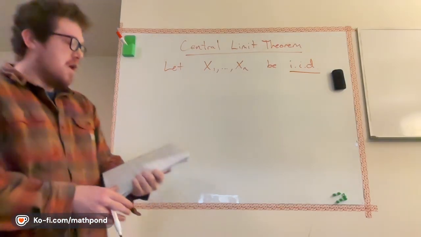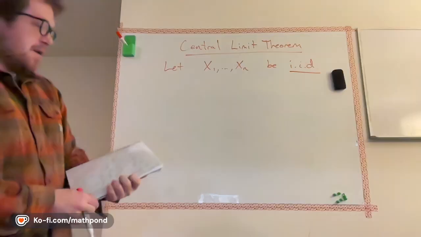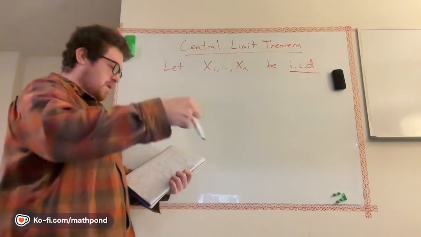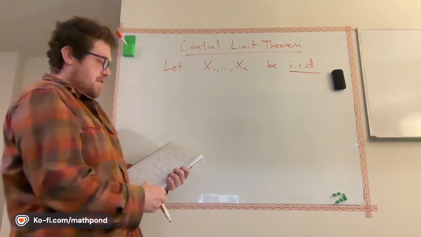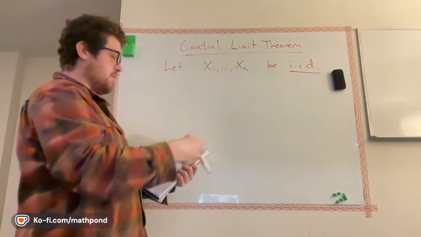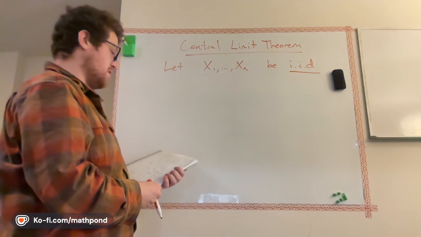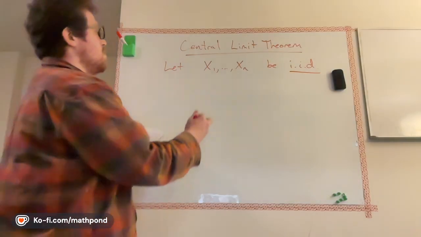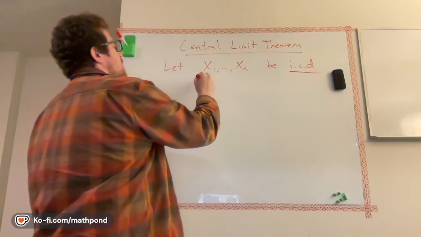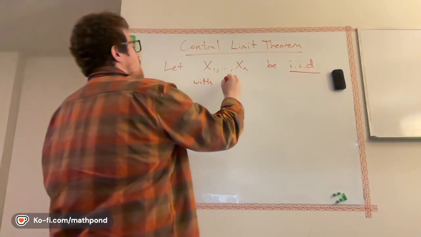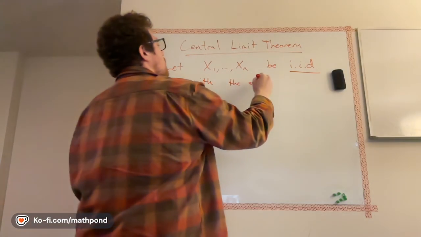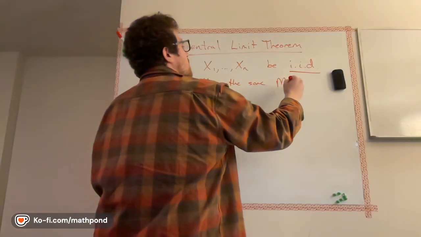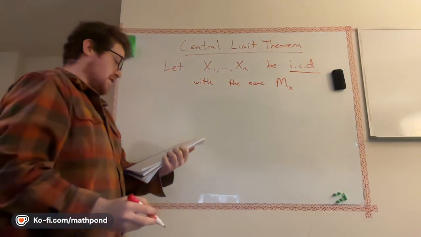So we have a bunch of random variables from the same distribution, we pick n of them and add them together. Let's assume all the moment generating functions exist, with the same moment generating function X of t.